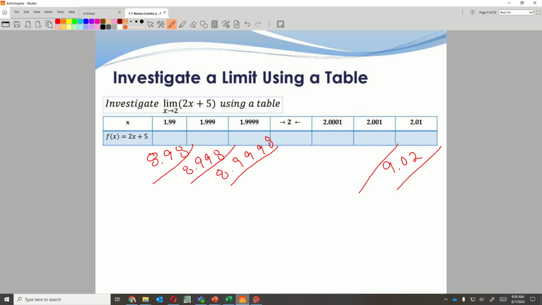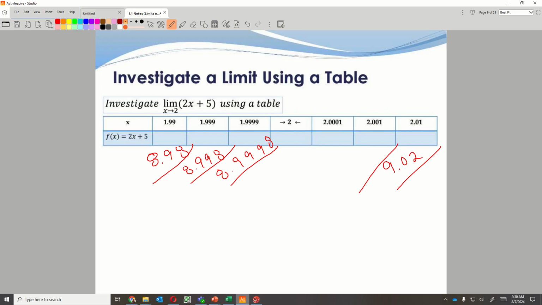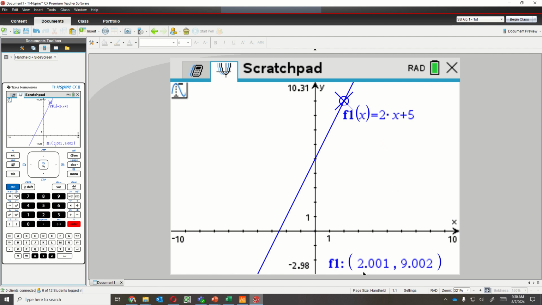Now it's 2.001. I get 9.002. Now it's three zeros, and again 9.002.